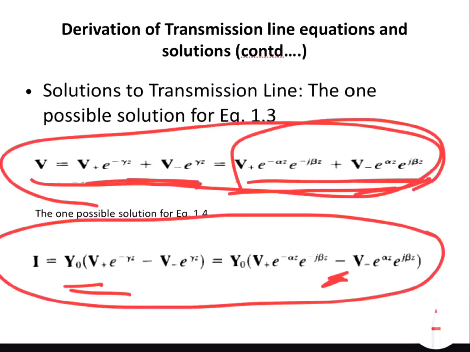In the examination, the steps I have explained now should be asked for 8 marks: derive the transmission line equations for a microwave transmission line, or for a transmission line. These are the steps you are supposed to write.